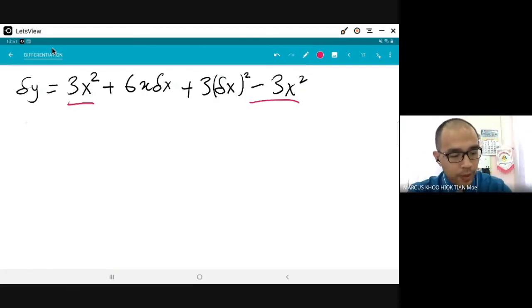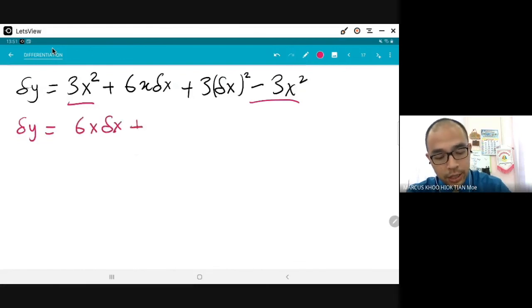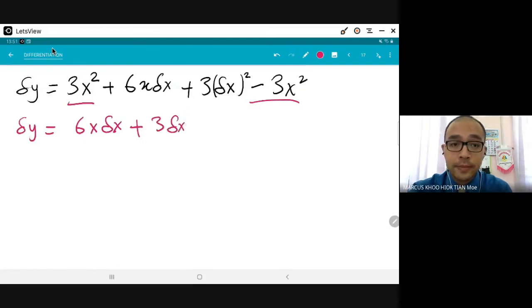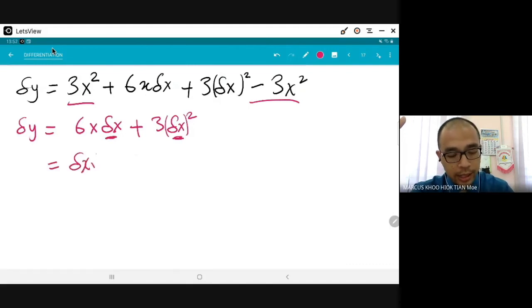So apa yang akan terjadi? Del y equals 6x del x plus 3 del x squared, the whole thing squared lah. Now, kalau saya faktorkan del x keluar, sebab dua-dua ada del x, I will get del x, kurungan, ini tinggal 6x, and then di sini saya akan dapat 3 del x.